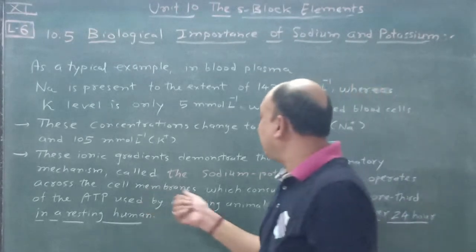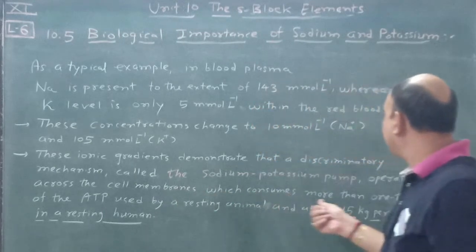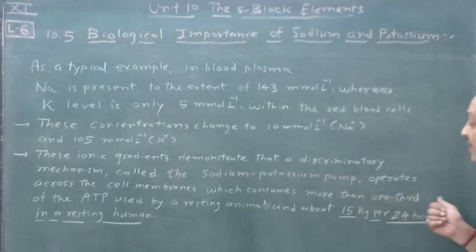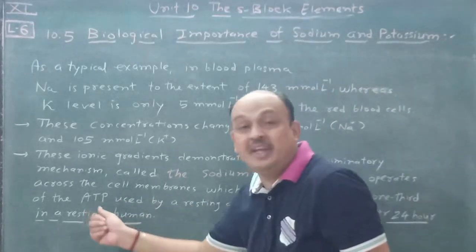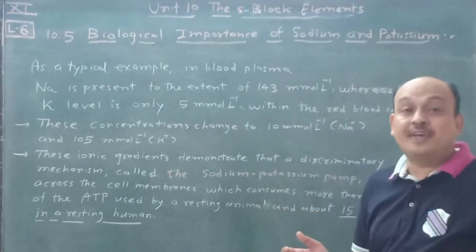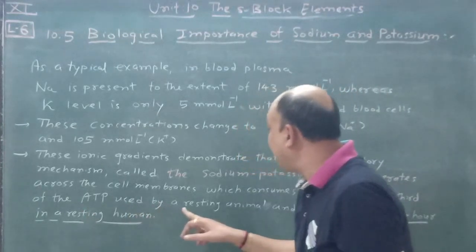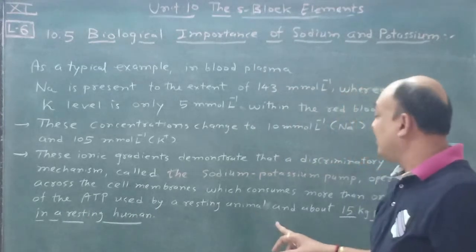The sodium potassium pump operates across the cell membranes and consumes more than one third of the ATP. ATP is adenosine triphosphate, which is a source of energy, used by resting animals.